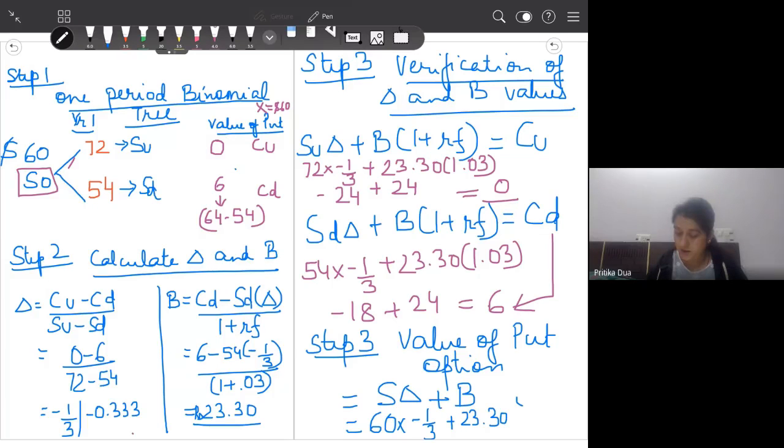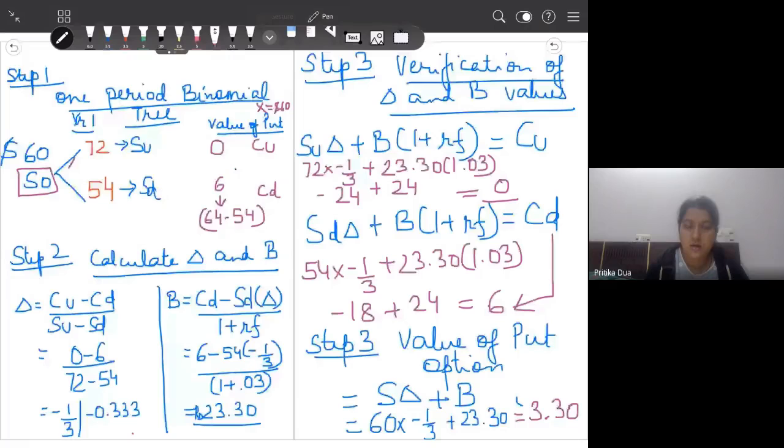That will be 3.30 is your answer. So the premium on the put option should be 3.30.